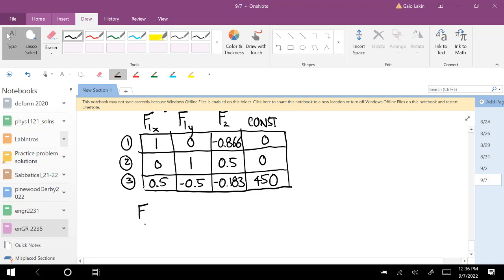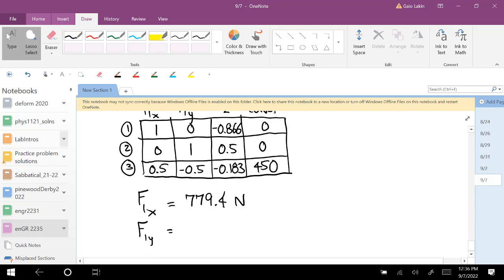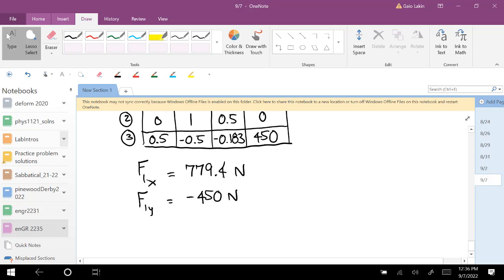So F1x, I think, comes out to be 779.4 newtons. F1y comes out to be negative 450 newtons. And F2 comes out to be 900 newtons.